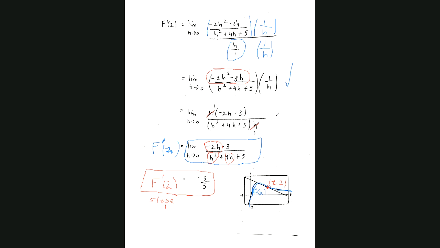In this picture they've drawn the function f of x in blue, and a tangent line to the curve at the point 2, 2, and the slope of that tangent line is negative 3/5.